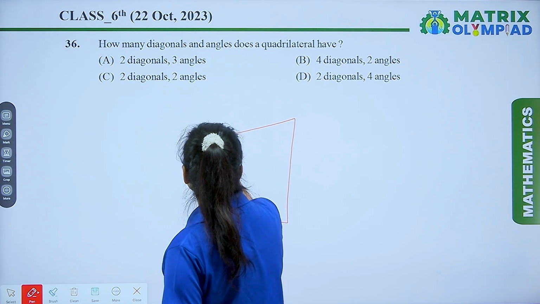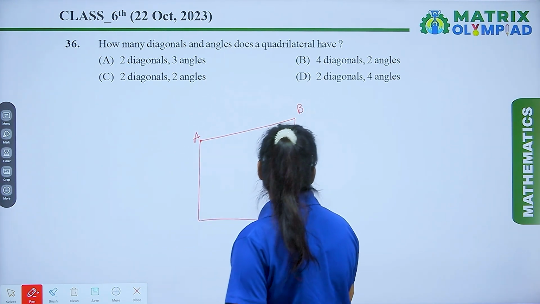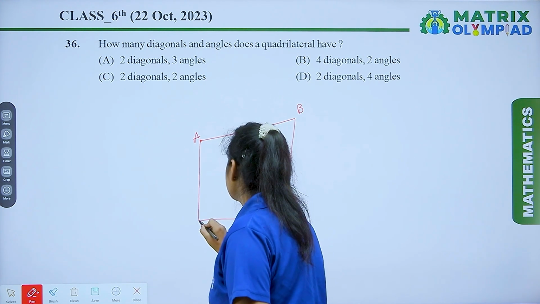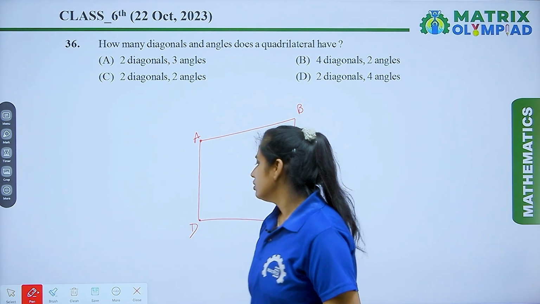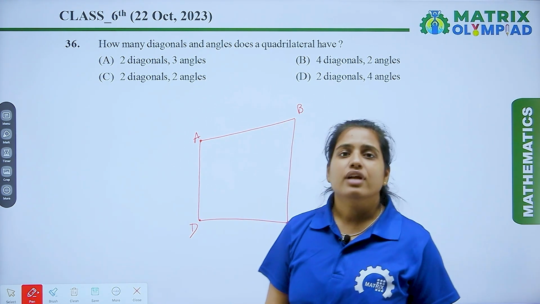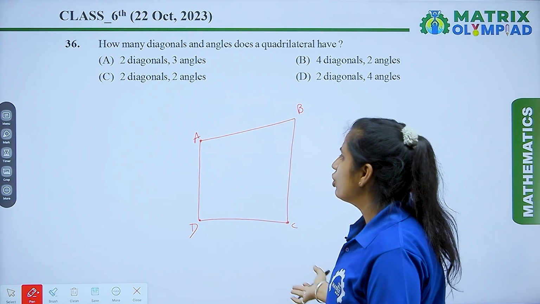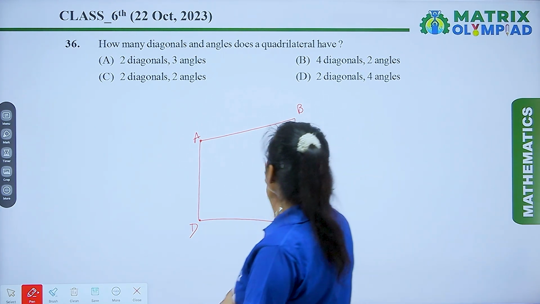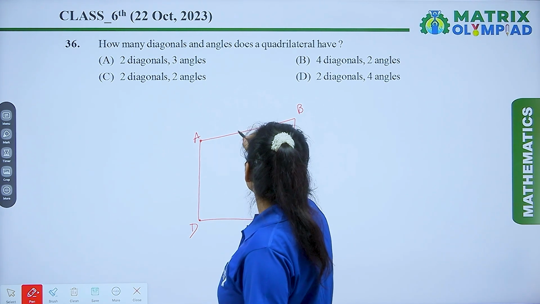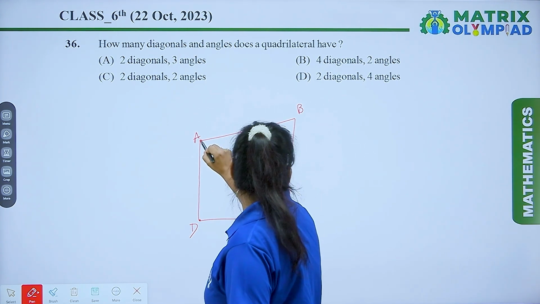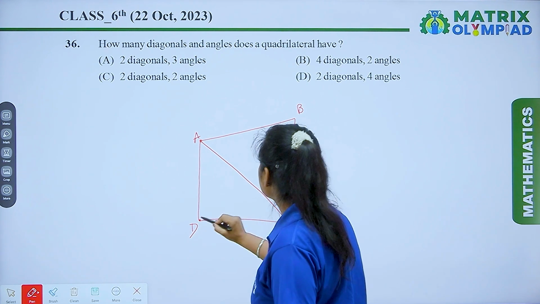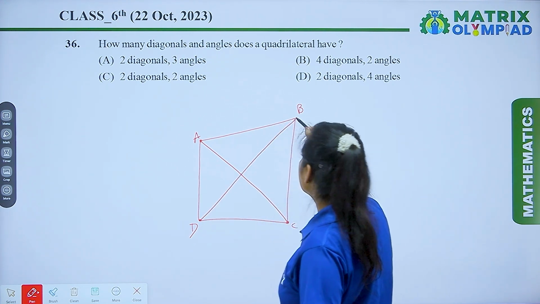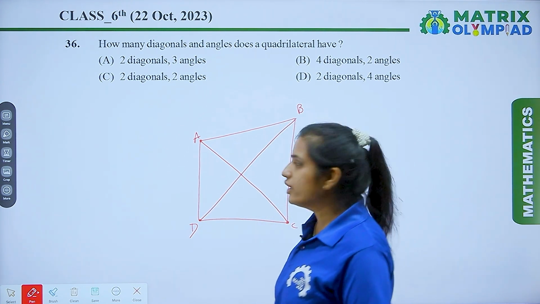Now let's name it A, B, C, D. A quadrilateral has 4 line segments. It can be of any shape. So here, let's join the diagonals. AC and BD are the 2 diagonals of this quadrilateral.